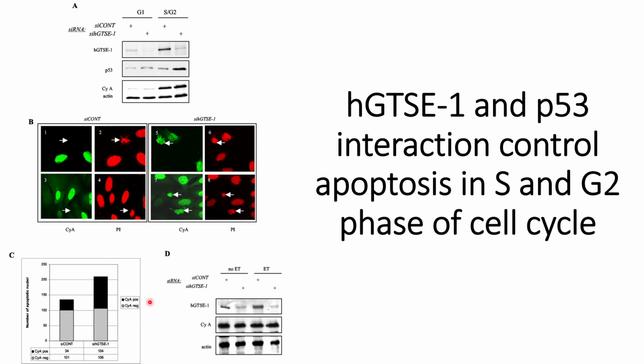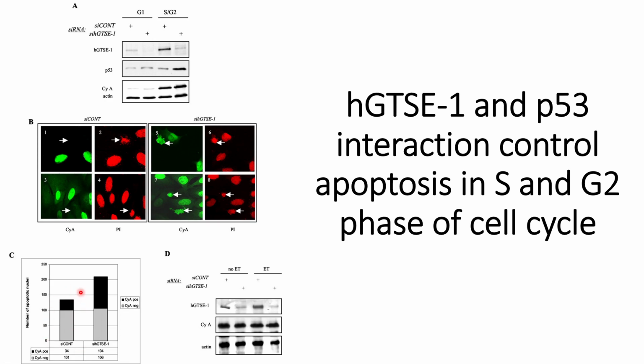They did their analysis on the control cells and on cells in which hGTSE is knocked down. After that, they took down the number of apoptotic cells in both conditions.